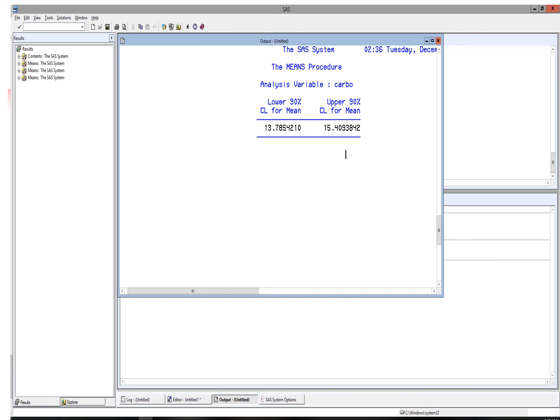So here we would say we're 90% confident that the true mean carbohydrates for all cereals is somewhere between 13.8 and 15.4. And a side observation, just like we discussed, this is a smaller interval. Smaller confidence gives smaller intervals. Larger confidence gives larger intervals. Confidence comes at a cost.